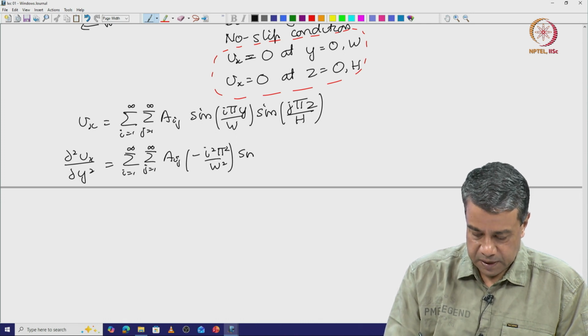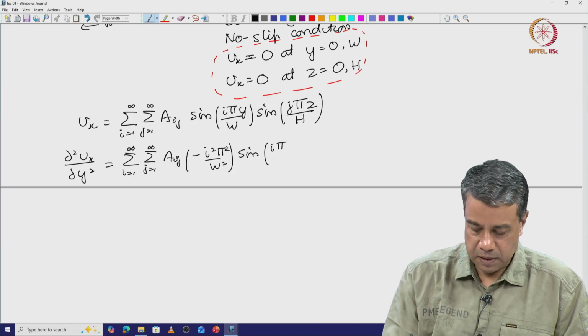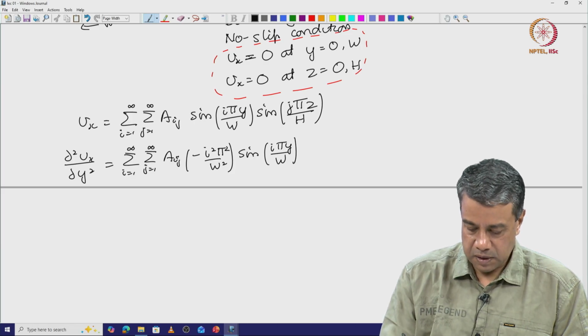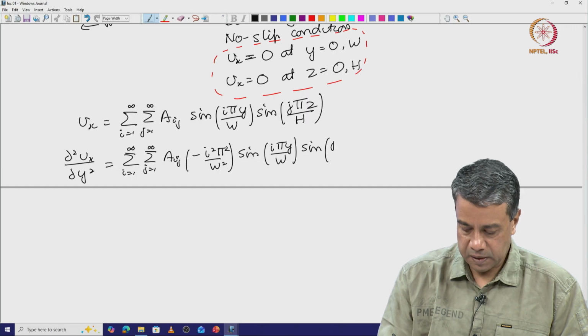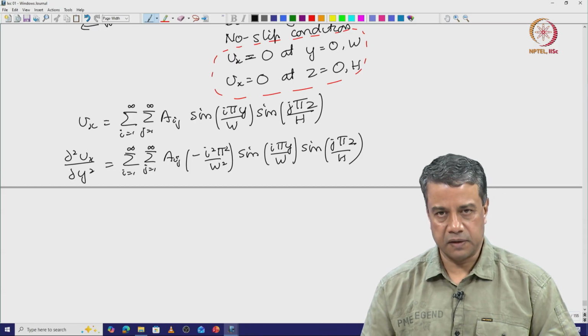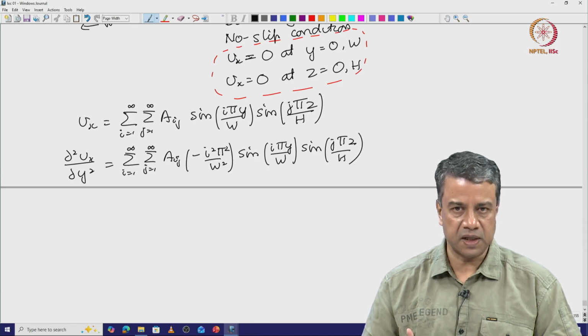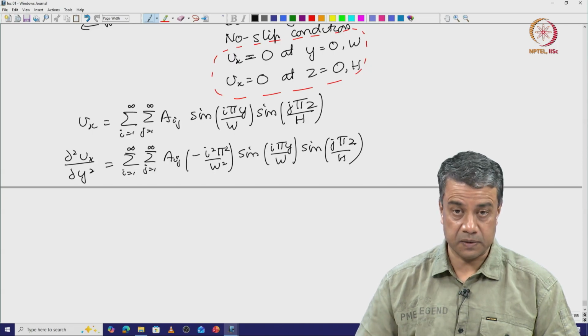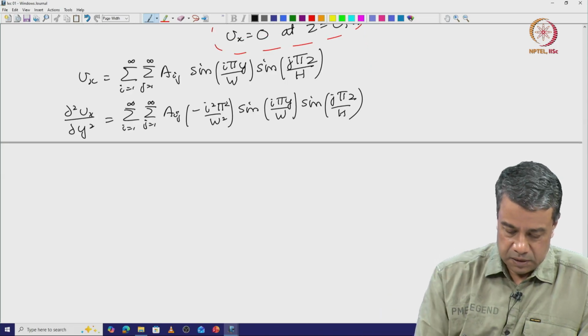sin i pi y by w sin j pi z by h. If you take the derivative of sin alpha y 2 times, you will get minus alpha square times sin alpha y.